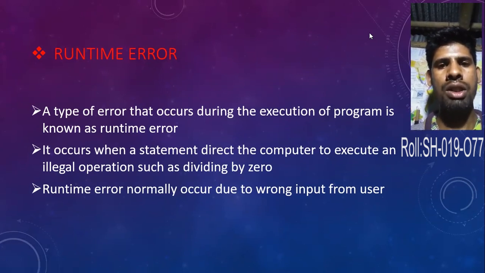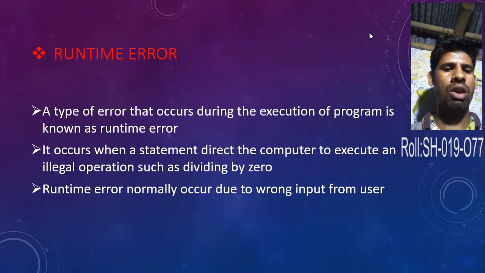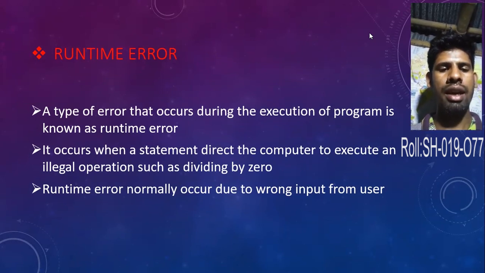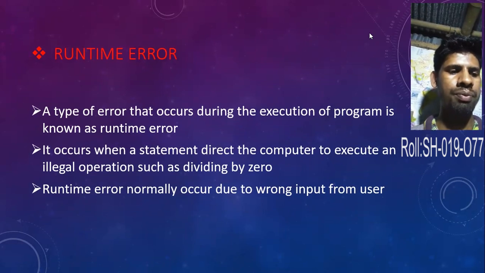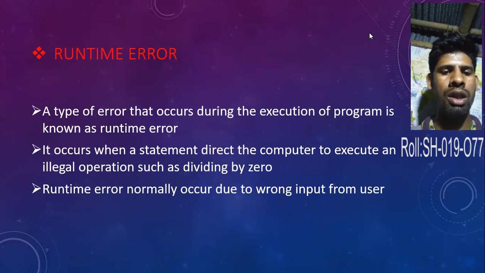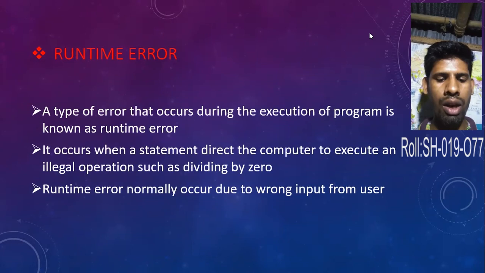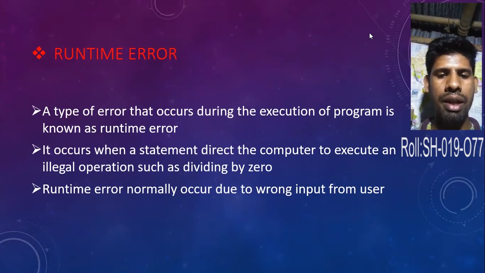Now I will start my presentation on runtime error. A type of error that occurs during the execution of a program is known as a runtime error. It occurs when a statement directs the computer to execute an illegal operation such as dividing by 0.